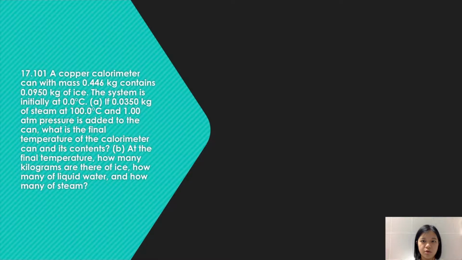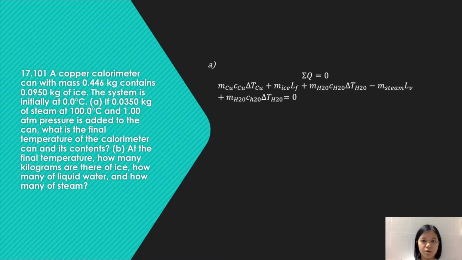So in this setup, we can say that the total heat will remain in the system, therefore summation of Q equals 0. So right now we'll just sum up all the energies in the system.